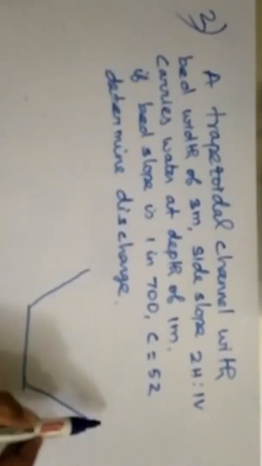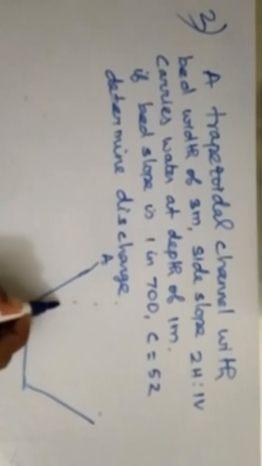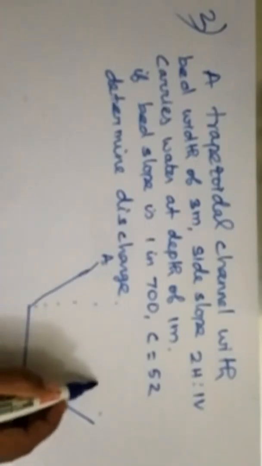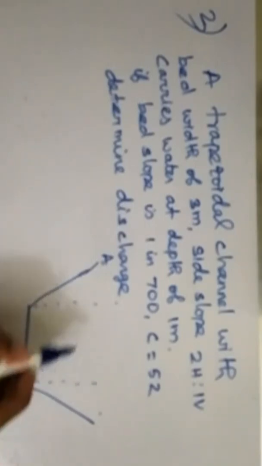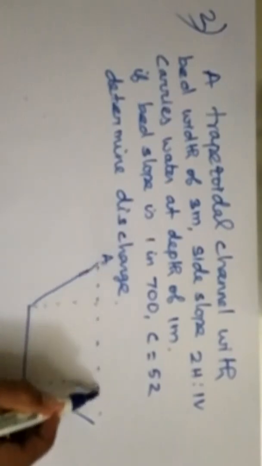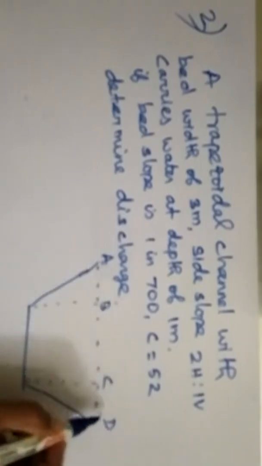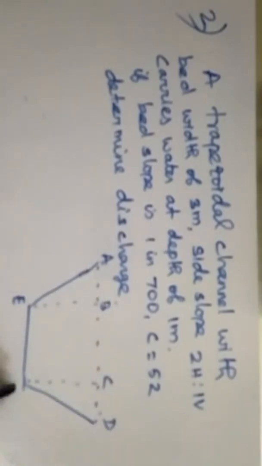This is top width, and I am naming the points A, B, C, D, E, F, because we have to split this entire area into triangles and a rectangle, which makes it simple.